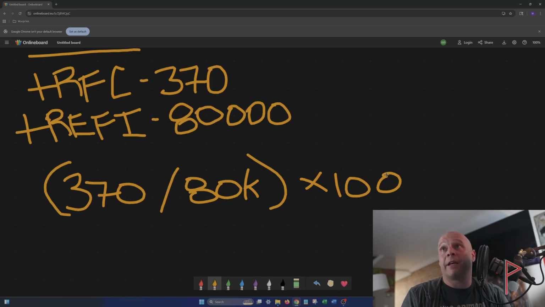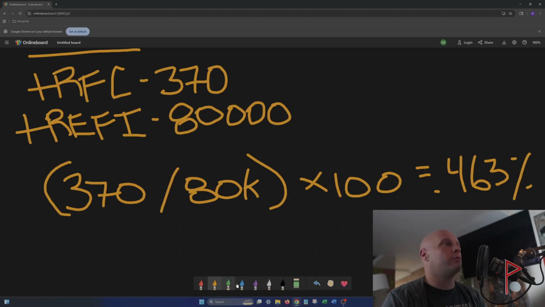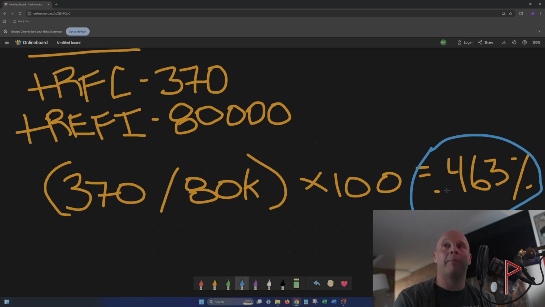But it's simply the refresh recovery time, the percentage of the refresh interval that is the refresh recovery time. And having done the math, I know that that is 0.463%.